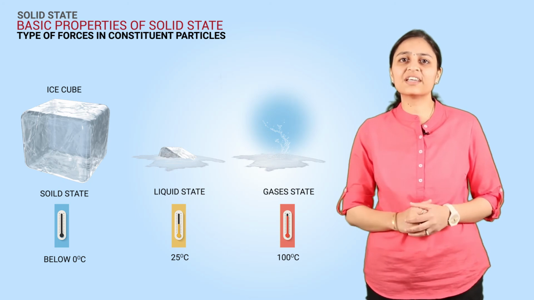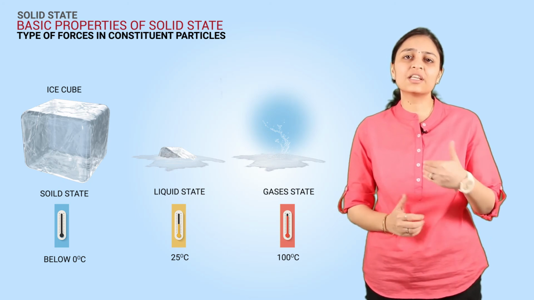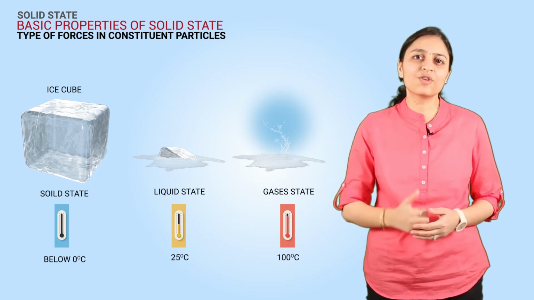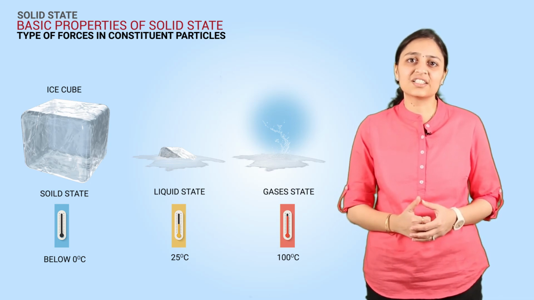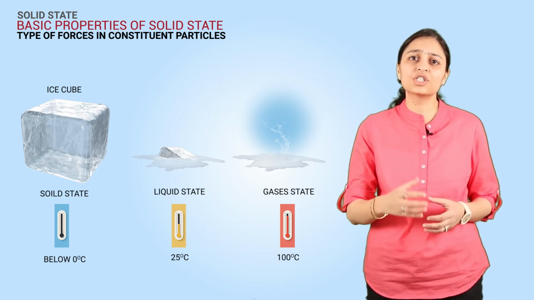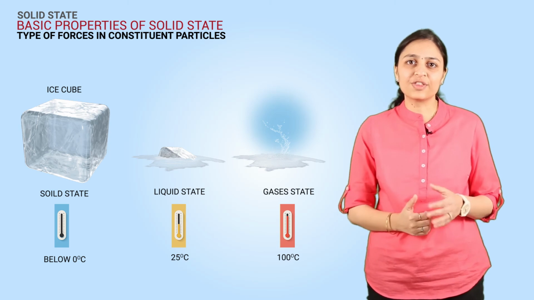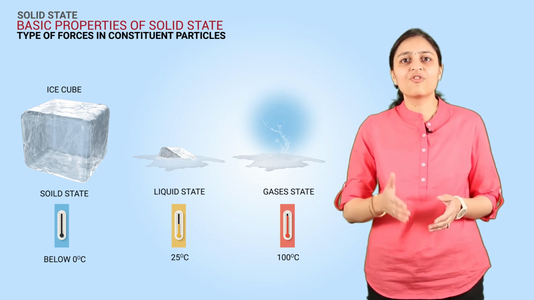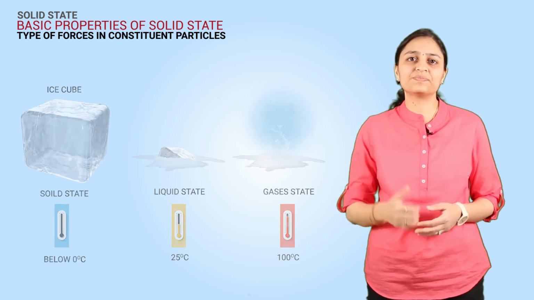Now, what's happening here is, when we increase the temperature, the thermal energy exceeds the intermolecular forces of attraction that exist between the constituent particles of ice. Therefore, ice first melts into water and then finally converts into steam.